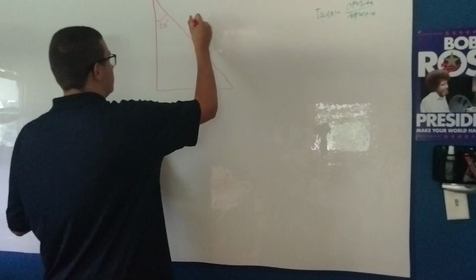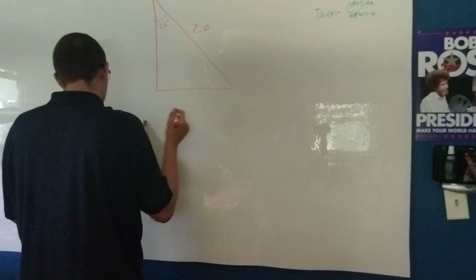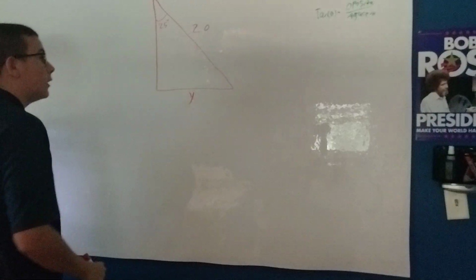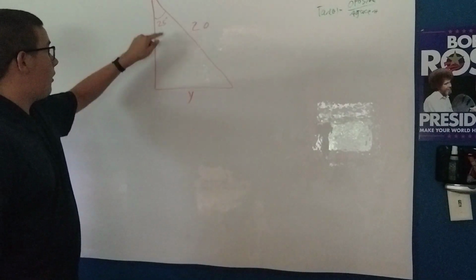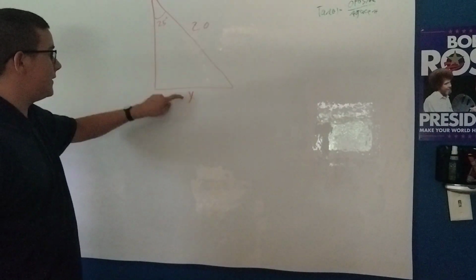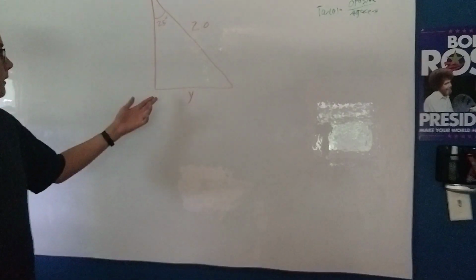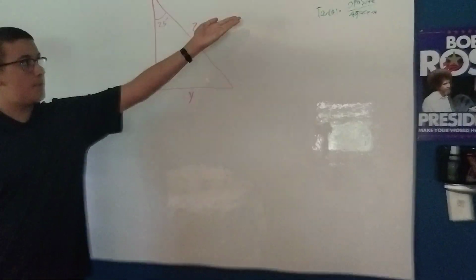We'll call the hypotenuse 20 units, and this is y units. So from there we look. We're dealing with theta, the hypotenuse, and the opposite, right? Because y is opposite to theta. So which one has hypotenuse and opposite? If you look up there on the chart, you can see that, right?